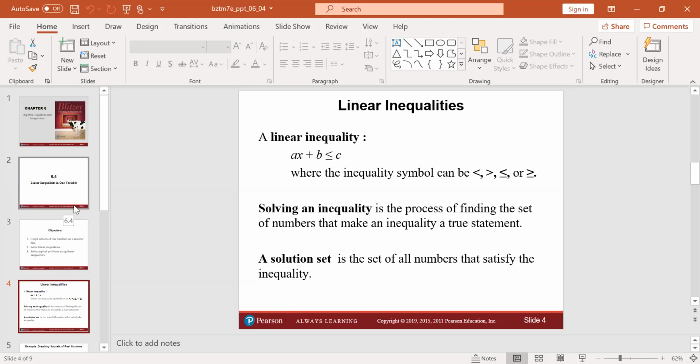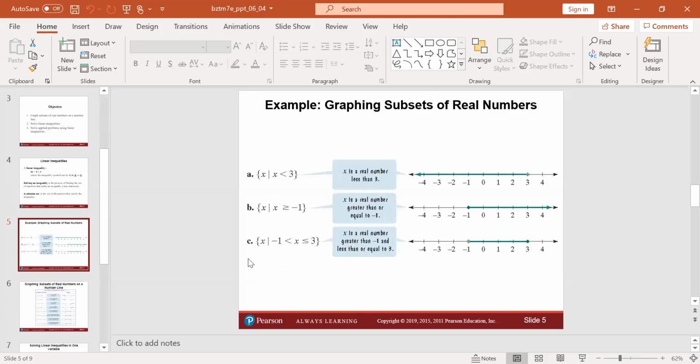That's all it is. So solving sounds harder than it is, but if you keep it in that context, I think you'll benefit. In fact, with linear inequalities, in almost every case, you're going to have an infinite number of possible solutions. And we're just going to have to remember that. So that's what the solution set is. It's the set of all possible values.